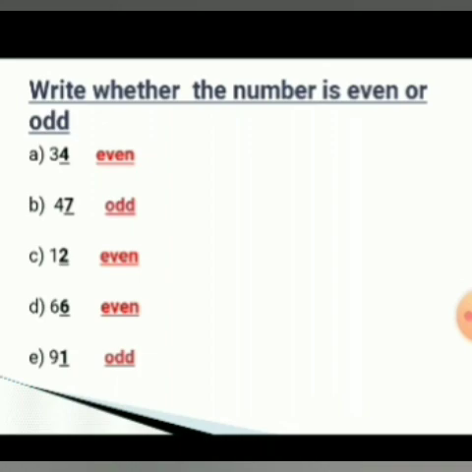Second one is 47, the last number is 7, it's an odd number. The third one is 12, the last number is 2, and it's an even number. Next is 66, again it is 6 at ones place, it's an even number. And 91, 1 is at ones place, so it's an odd number.